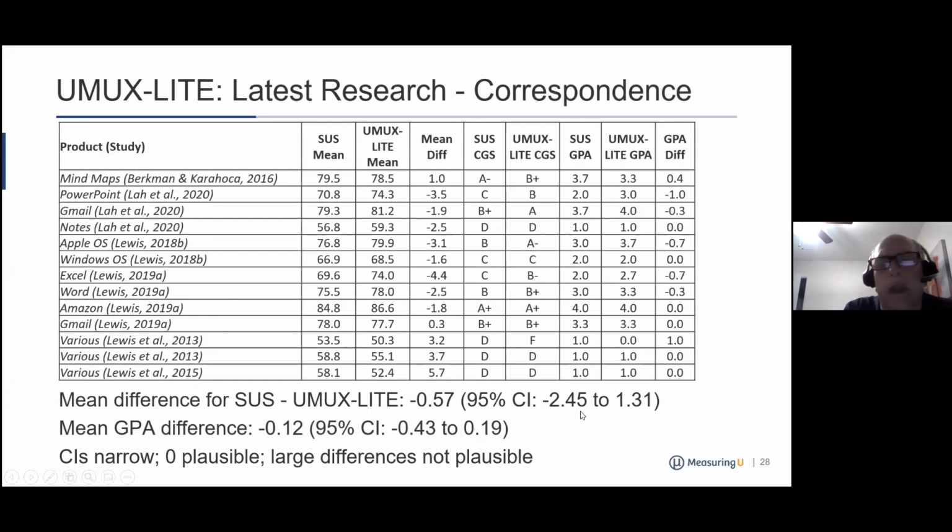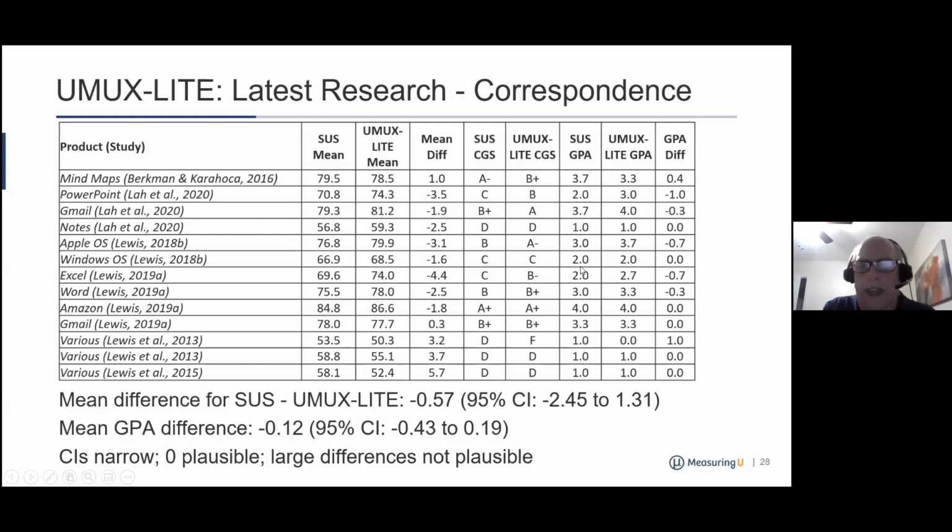And I didn't talk much about GPA, but if you're assigning grades, then you can quantify that just by doing standard GPA. Oh, I've got an error here. Oh no, the SUS GPA, never mind, no error. An A minus is a 3.7, a B plus is a 3.3.